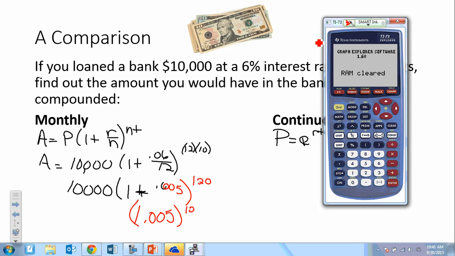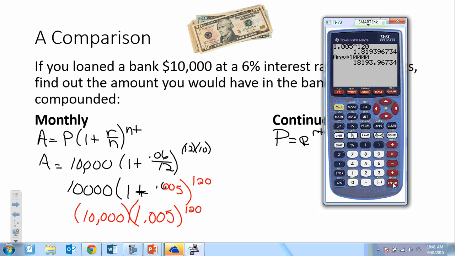I have to take that to the 120th power first before I can take it times the 10,000. We're talking money, right? So let's do 2. So 1.005 to the 120th, and I'm taking that times 10,000.